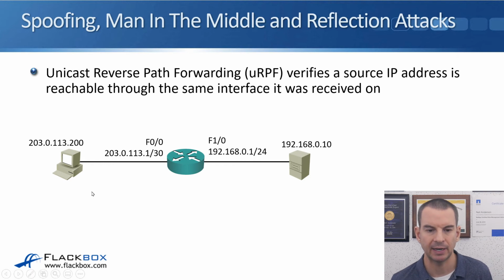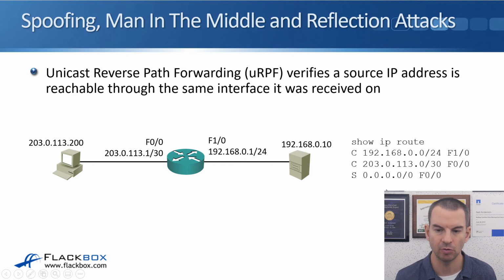You can see in the diagram here, we've got our outside interface on the left, that's fast0/0 on our router, and we've got an external host out on the internet on the left there. Then on the right, we've got our internal server at 192.168.0.10, and the IP address there is 192.168.0.1/24.